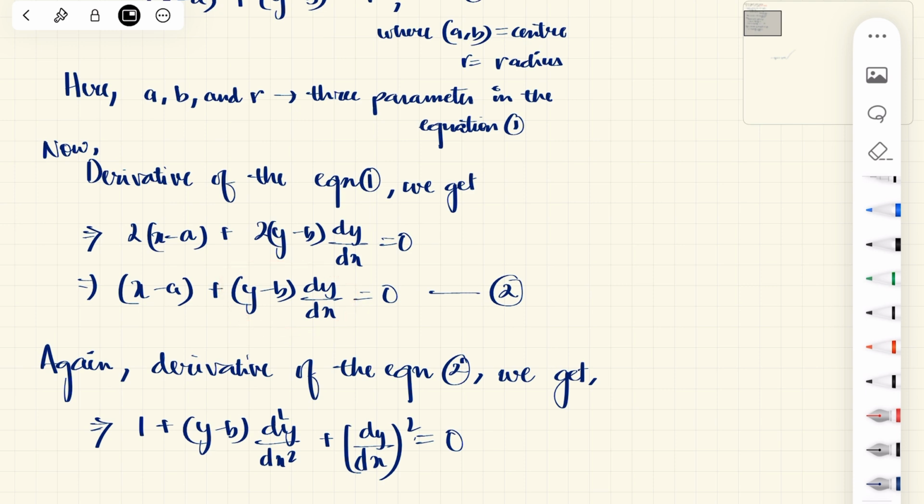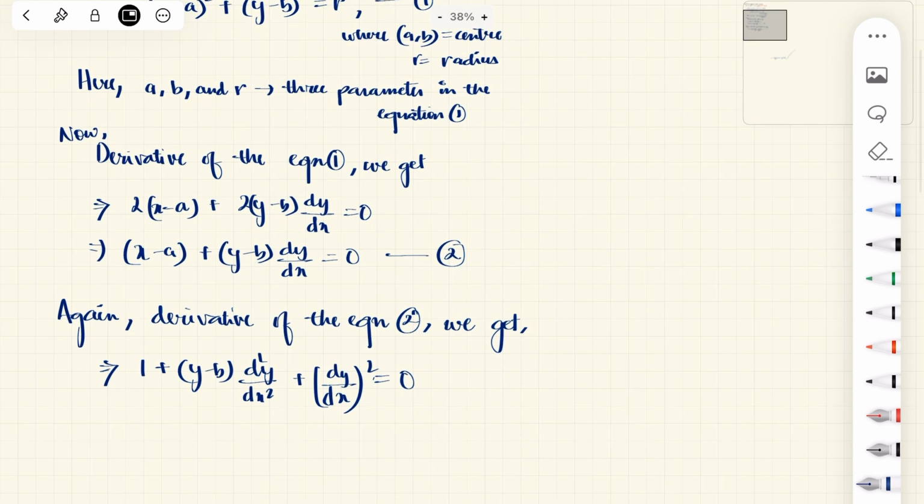Here we differentiate this product: put this here, and the derivative of this becomes this, and when I put this again, its derivative becomes this again. That means we get a square, right? That's why I'm putting this. I'll be putting it in this form: (y - b) d²y/dx², and it becomes (dy/dx)².